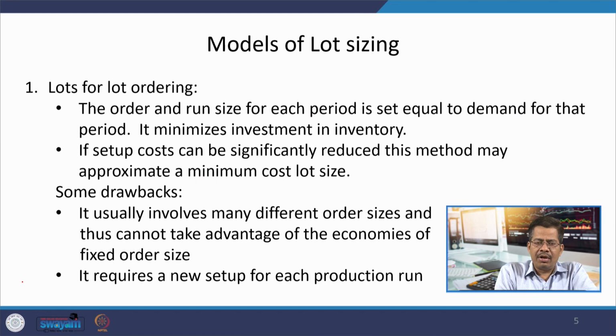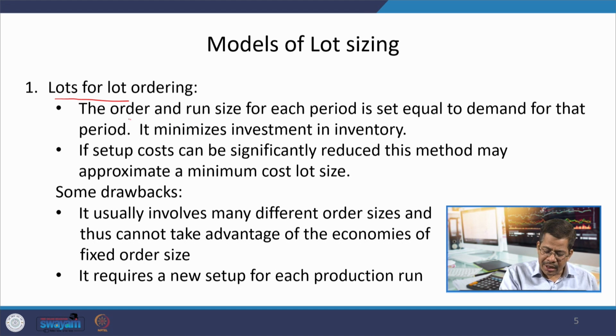The simplest of all the methods of deciding how much your order quantity should be is lot for lot ordering. We give the order of a particular lot as per our requirement.